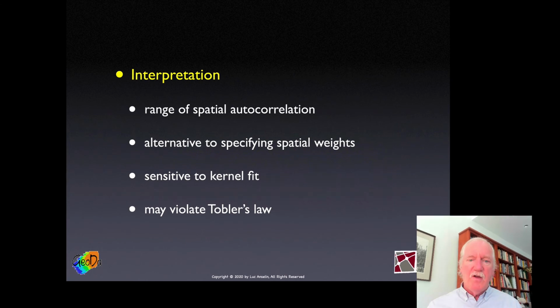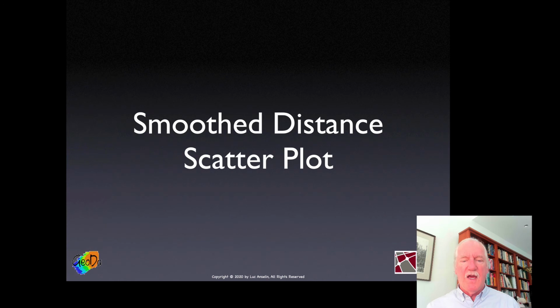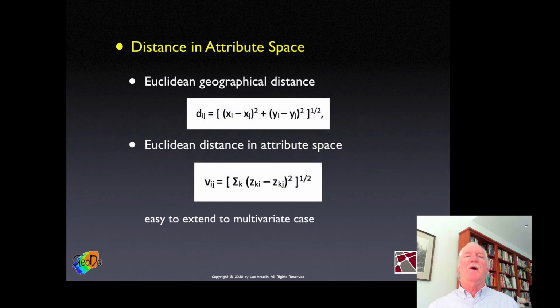And then the last form of visualization is something that we developed just very recently. It provides yet another way of thinking about this. And again, it's based on a scatter plot where on the one axis we have geographical similarity, again the distance, the same distance we just had.